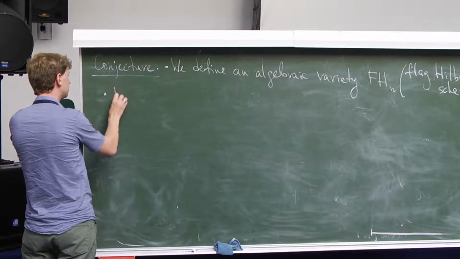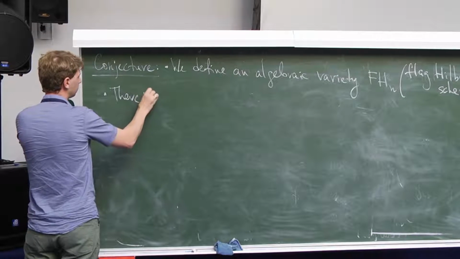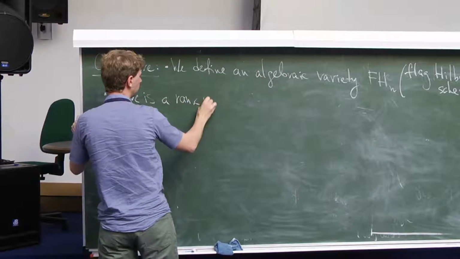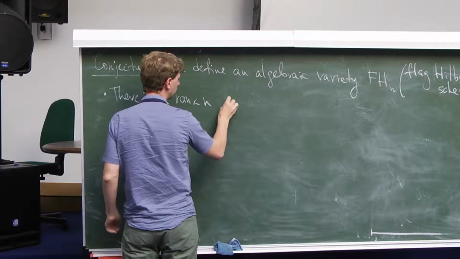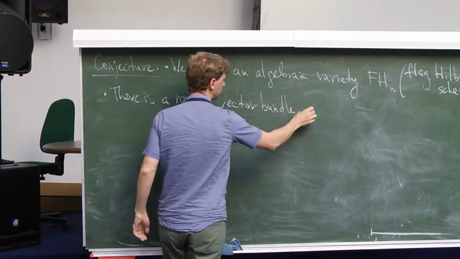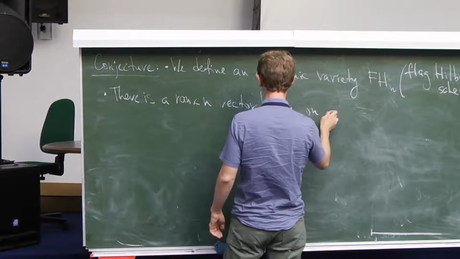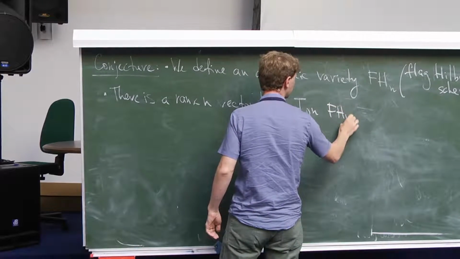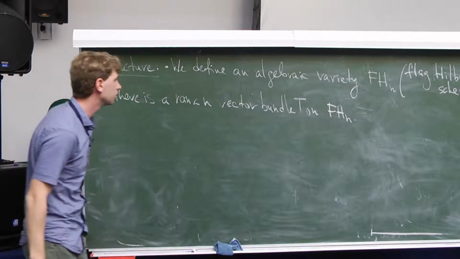First of all, there is a rank n vector bundle T on FHN, which is some sort of tautological bundle.